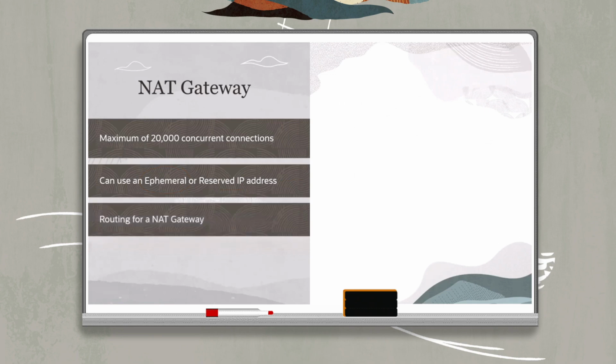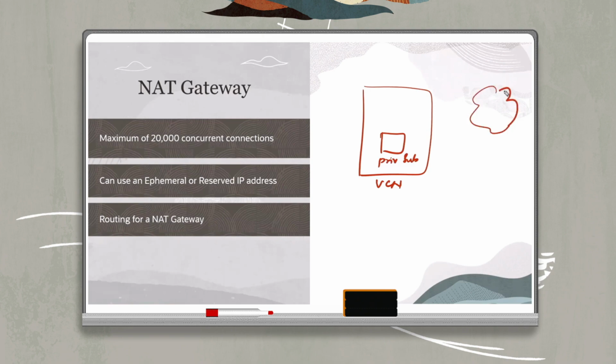Okay. Now, routing for a NAT gateway. This is also interesting because in your VCN, you have a private subnet, and then you would like the instances in the private subnet to talk to the internet.